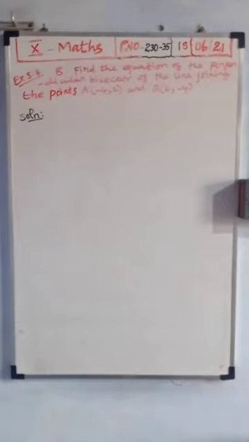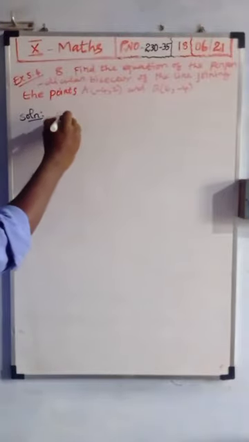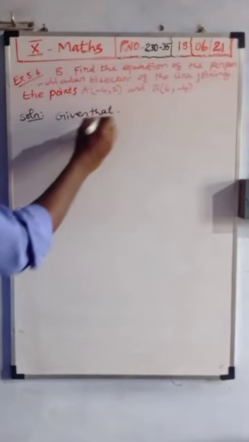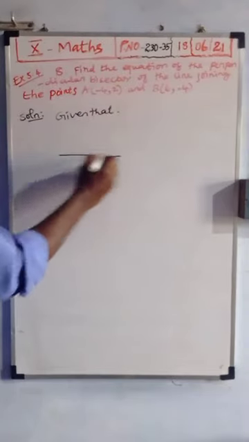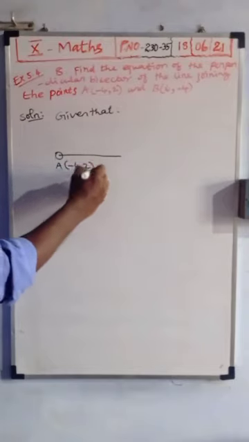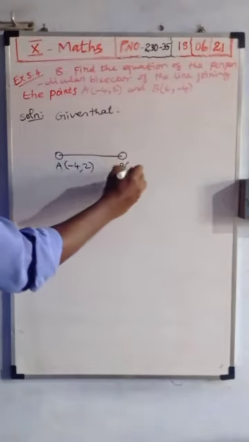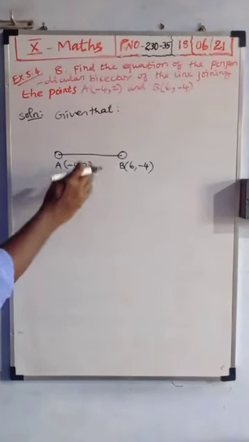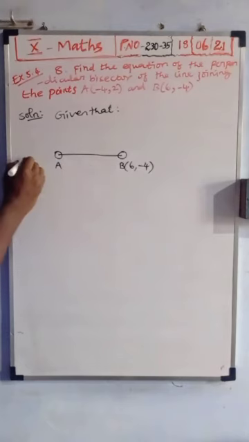Okay. See the solution. First, according to the given information, I am going to draw the diagram. Roughly this is it. First, A point is minus 4 comma 2 and B point is 6 comma minus 4. So from that you want to draw one perpendicular bisector.